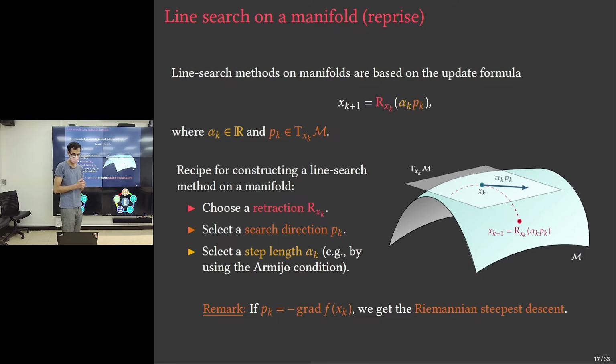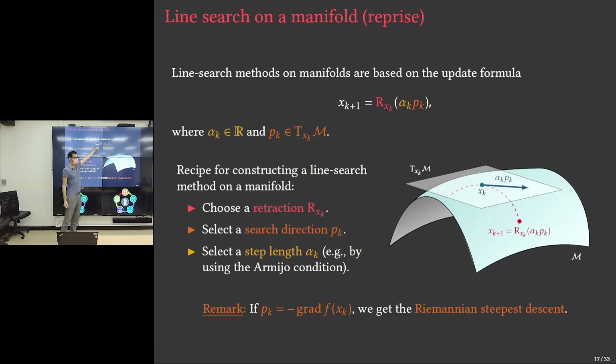Now that we have these retractions, we can build a line search method on a manifold. In general, they use this update formula, where the new iterate is given by the retraction at xk of alpha k pk. The retraction maps this alpha k pk, which is a tangent vector scaled by alpha k, back to the manifold.